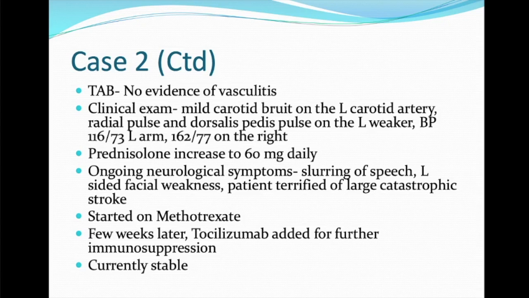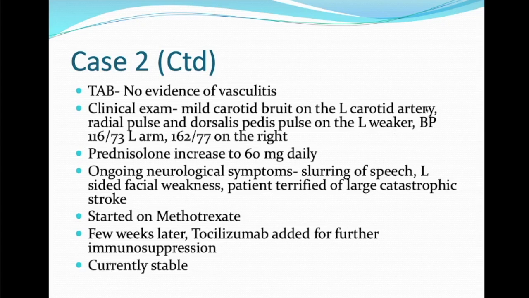And when I saw her in clinic, on the clinical exam, she had mild carotid bruit on the left carotid artery, and she also had a reduced volume of the radial and dorsalis pedis pulse on the left. And there was a discrepancy in her blood pressure between the left and the right arm, the blood pressure being lower on the left. And these are all signs of reduced circulation on the left due to her stenosis.